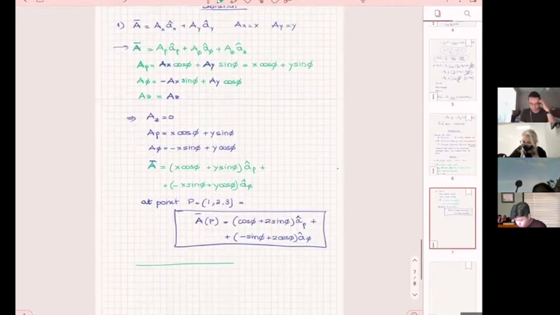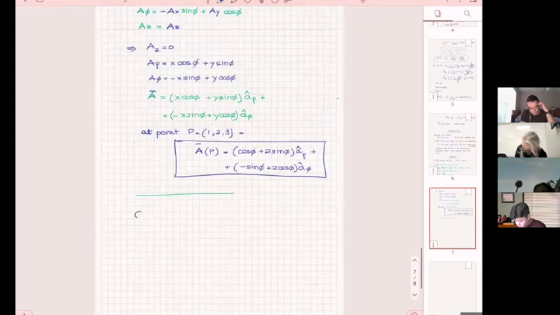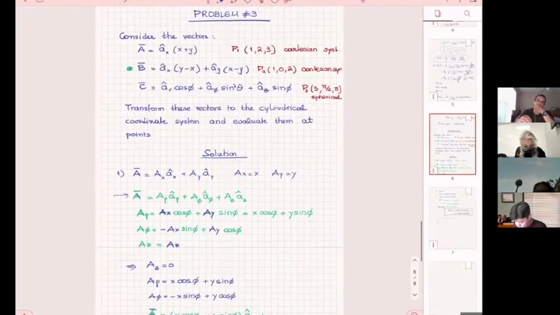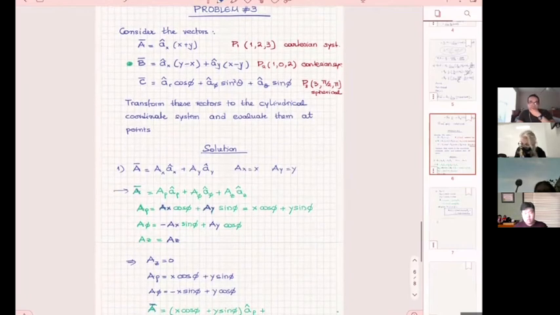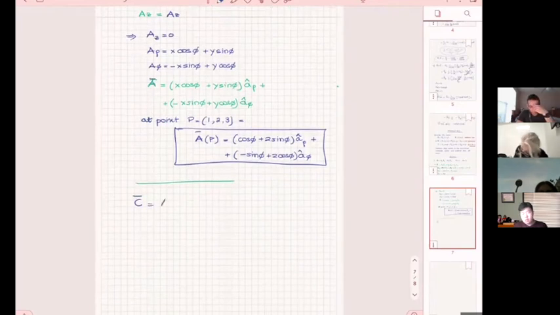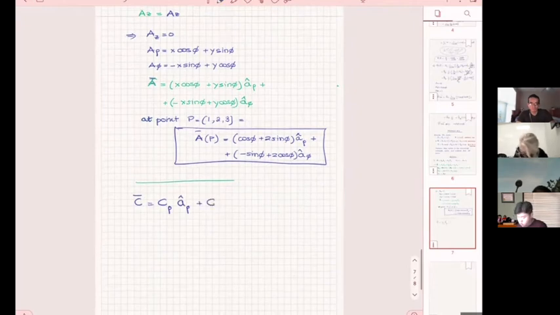So what do we have? That vector C has one component A sub r, and we need two, A sub phi, A sub theta. So in the cylindrical coordinate system, it's gonna be C rho, A sub rho, plus C sub phi, A sub phi, plus C z, A z.